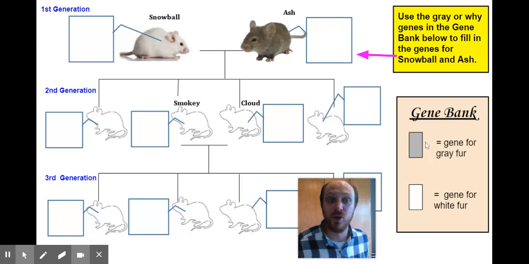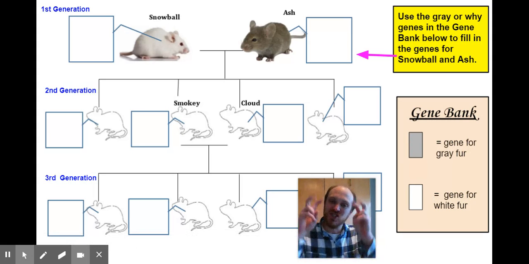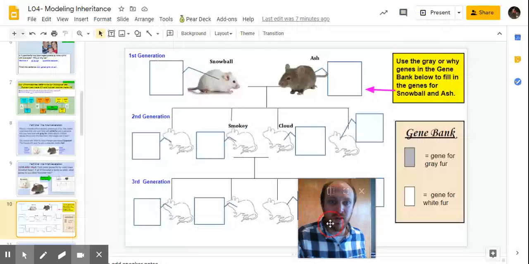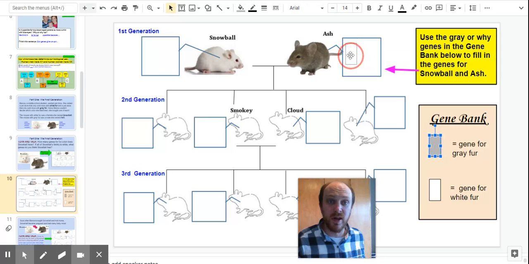So I want you to take the gray or the white. These are like in class where we use slips of paper to represent genes. But here I'm just giving you little rectangles. So if you think that Ash has a gray gene, you give him this one.